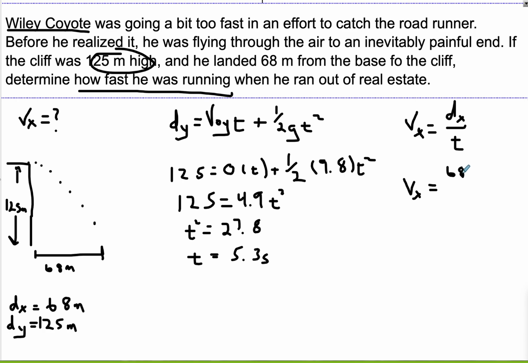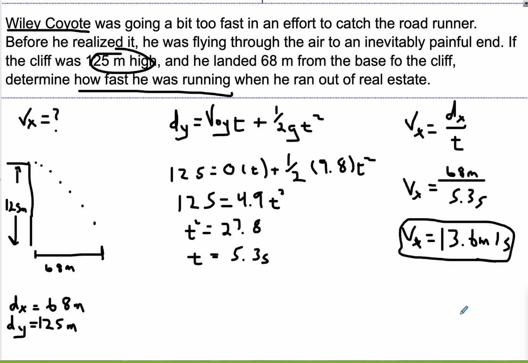And the time, we know, is 5.3 seconds. So I don't even have to do algebra to solve for this one. I get that his starting speed, the horizontal speed, is equal to 13.6. So I'm guessing since it's asking just one question, we don't have to do the resulting. You do not. Okay. Yep, for this problem, that's all we have to do.